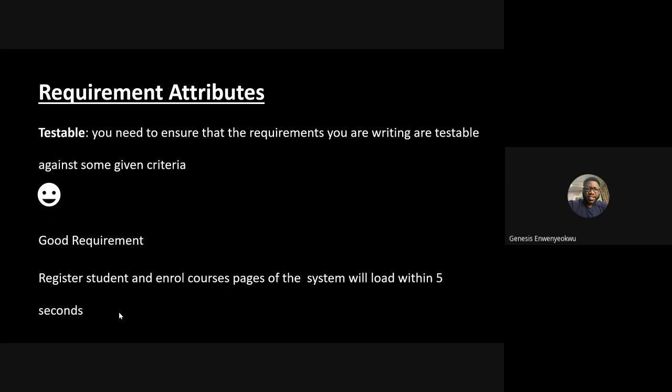And here's an example of a good requirement. Register students and enroll courses page of the system would load within 5 seconds. What it means is that if a software tester, that's QA, is trying to test the registration page and course enrollment pages, when they click on those pages and they don't load within 5 seconds, it means that the implementation failed, right?